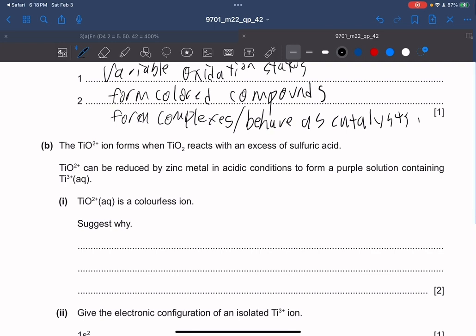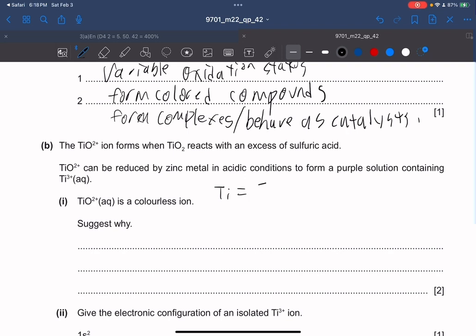TiO2 plus is a colorless ion. Suggest why. I think we could take a look at the periodic table for this. I'm sorry that I can't pull up a copy right now, but I'm looking at mine, and basically Ti is gonna have this electronic configuration.